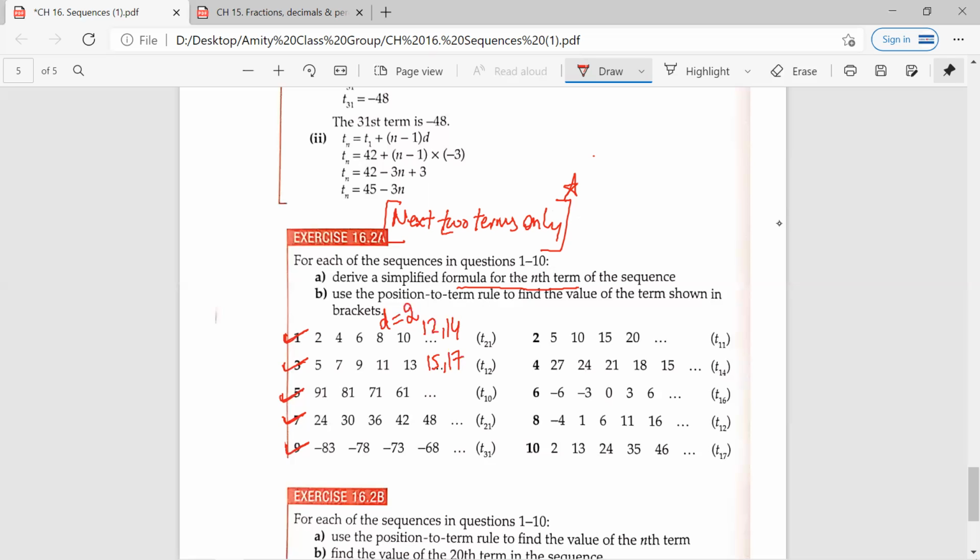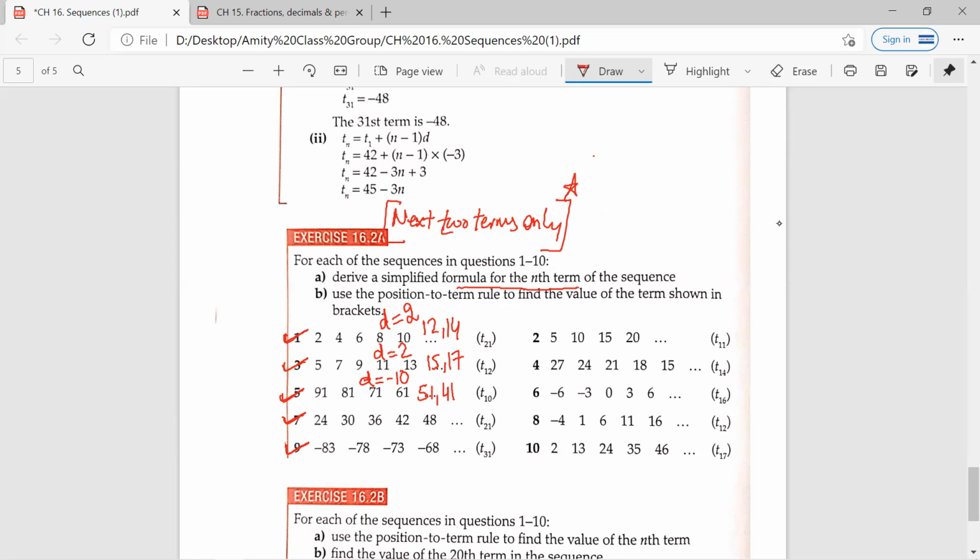Common difference? 2. Sanviji, next two terms. The next two terms are 51 and 41, and the common difference is -10. Shabash. Once you are comfortable with this, then the next topic becomes very easy.